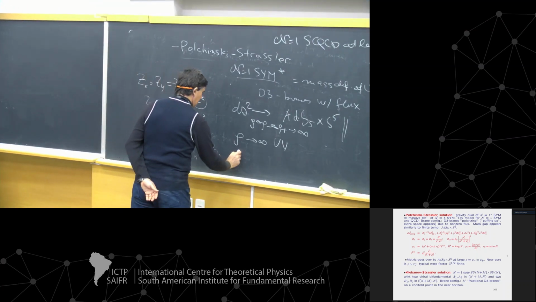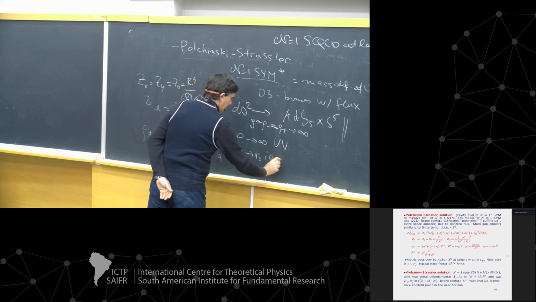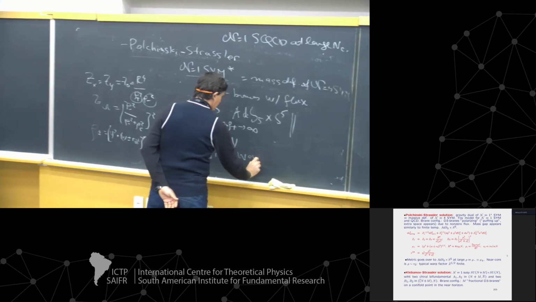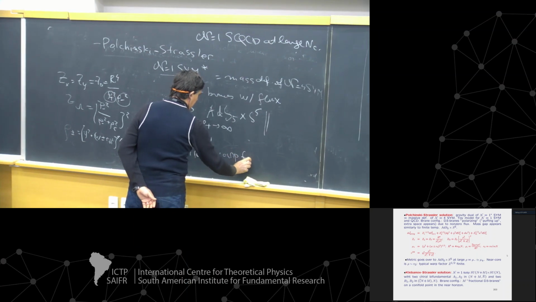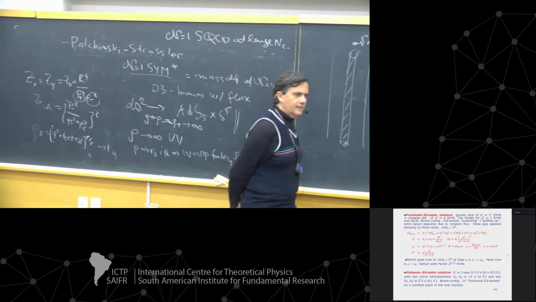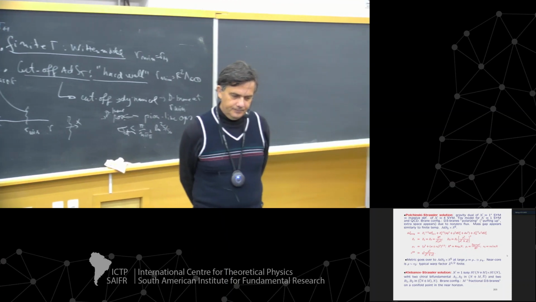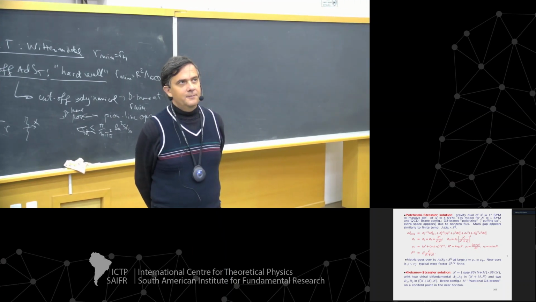So rho going to r0 in the infrared, which means that the warp factors are finite. And this is the origin of the fact that we have a mass gap.